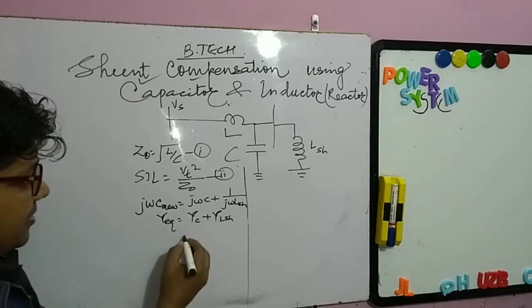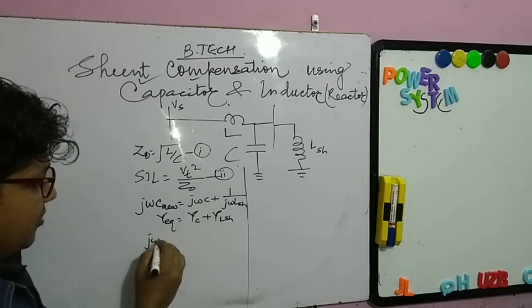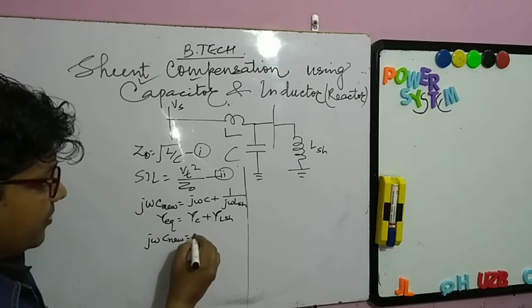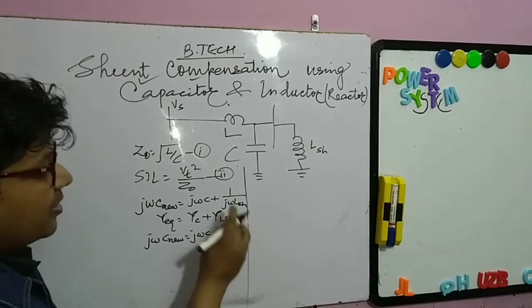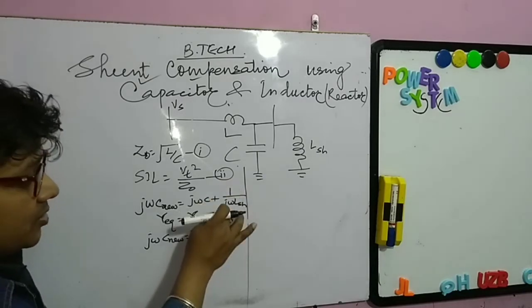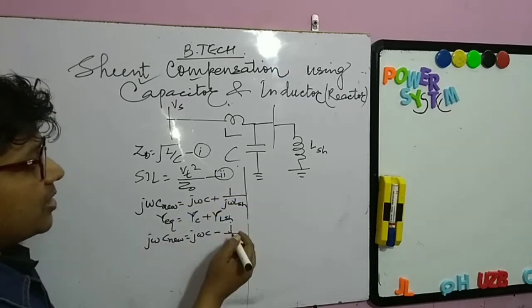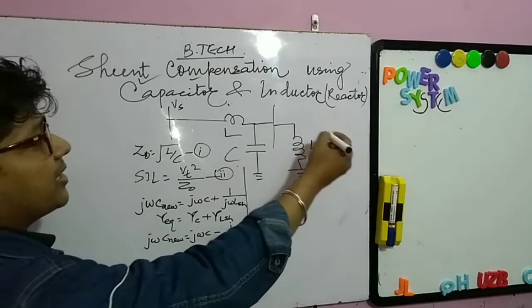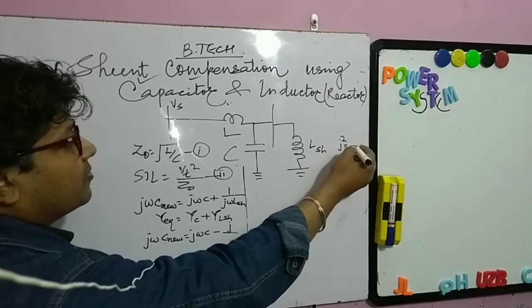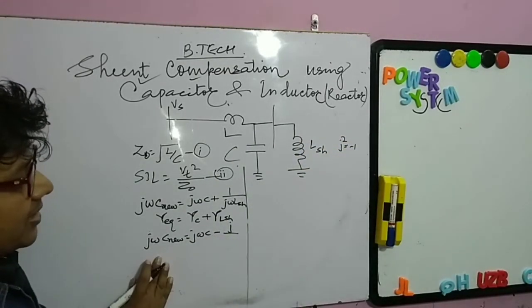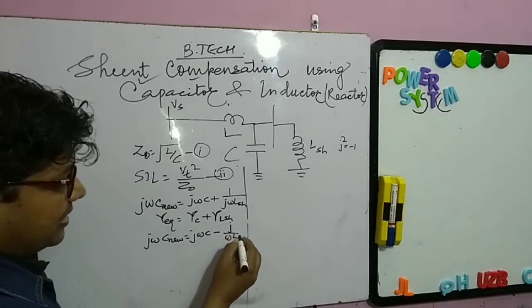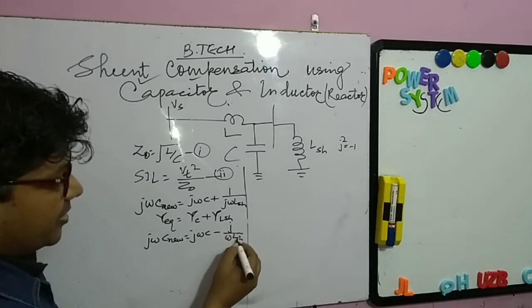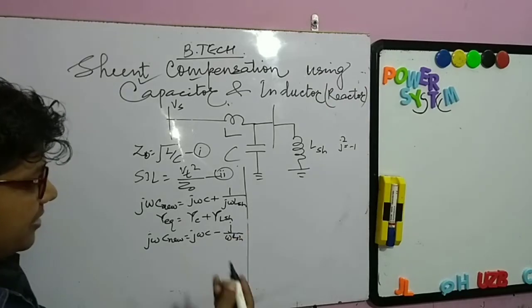So we get j omega C new equal to j omega C and minus j, as we multiply numerator and denominator by j, so j square is equal to minus 1, so we get minus j over omega L_SH, the shunt reactor.